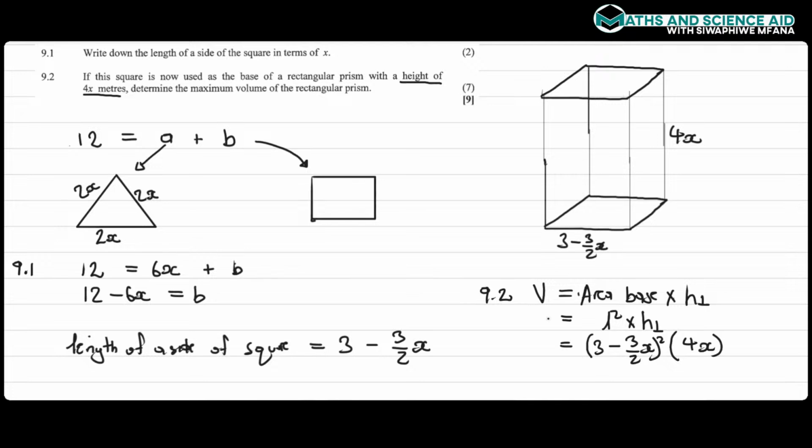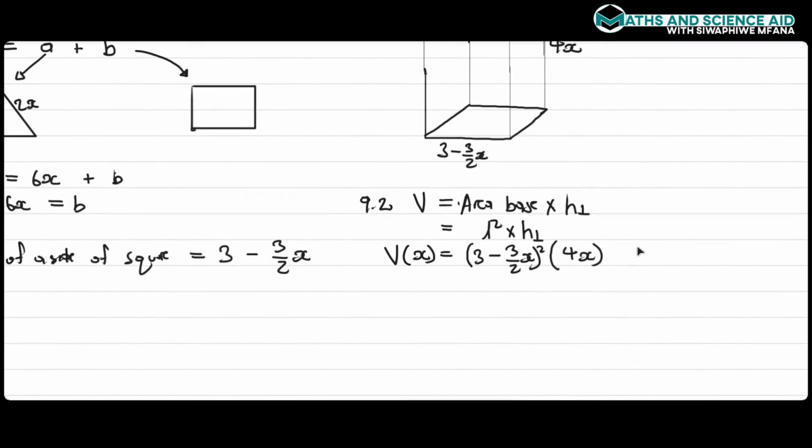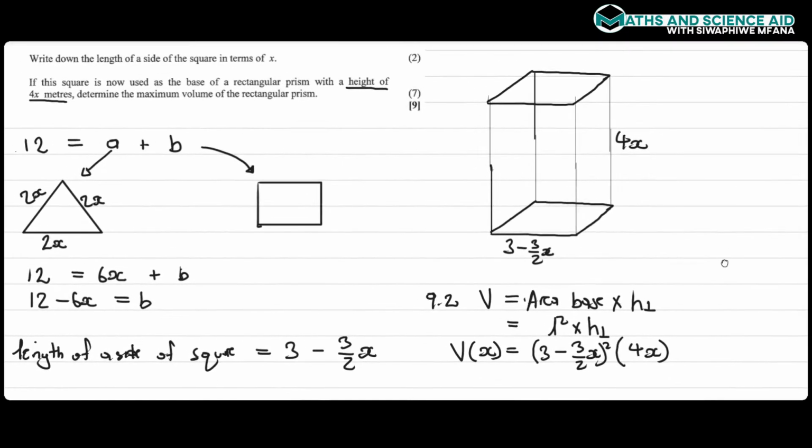So this is going to be your equation for the volume. Obviously, you need to expand the brackets and simplify it as much as possible. And then after that, you know the drill. You need to work out the first derivative, equate it to 0, and that will give you x.